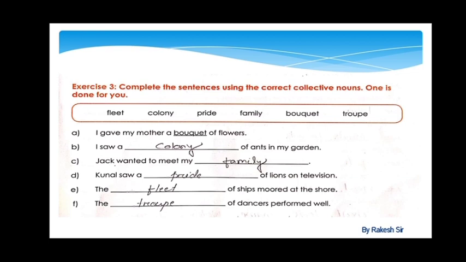And the last one: the troupe of dancers performed well. When the dancers come together, they make a troupe, so the answer is troupe. Okay, I hope you understood. Just check whether you completed your task, and if there are any errors, rectify them.